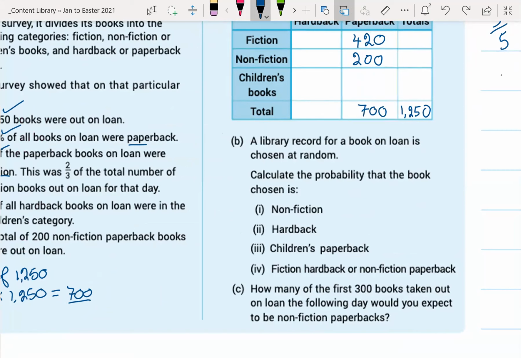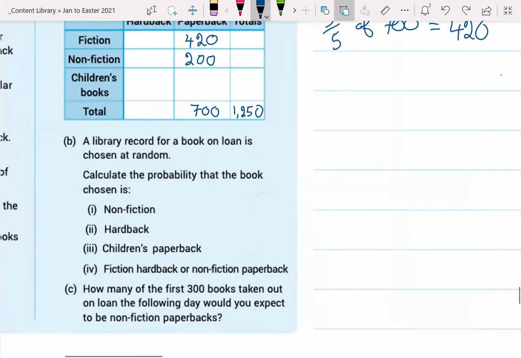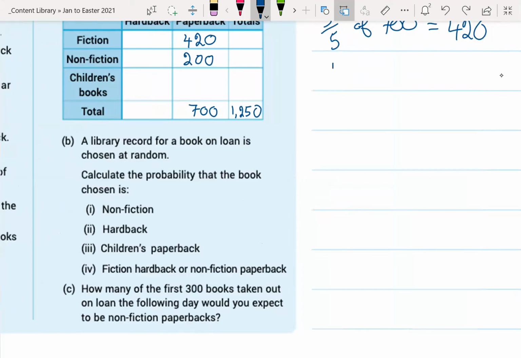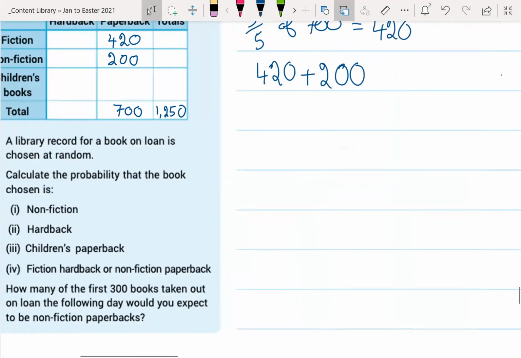So we basically need to know what we put here, and that will add to give us 700. So we add the 420 and the 200. That gives us 620.